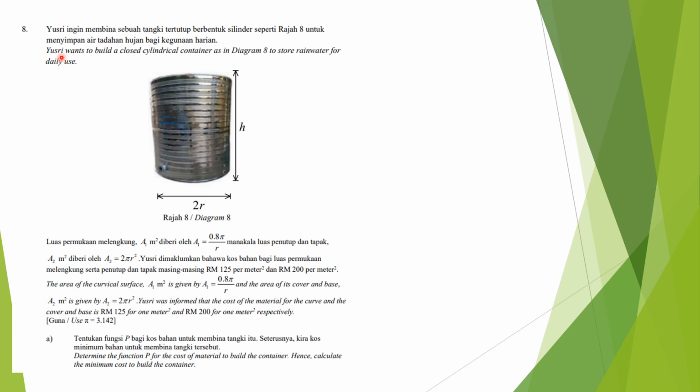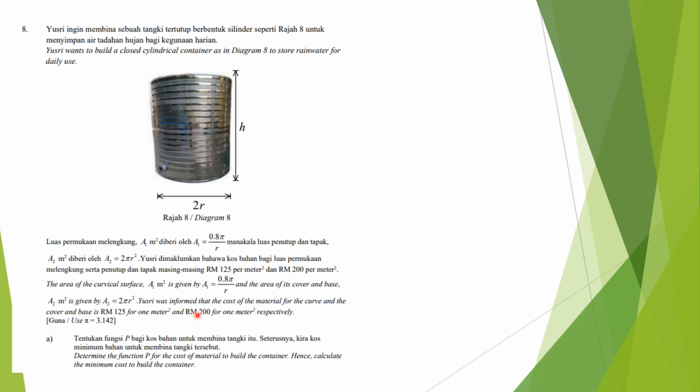So for question 8, Yusri wants to build a closed cylindrical container as in diagram 8 to store rainwater for daily use. Given the area of the curved surface is 0.8 pi over r, and the area of its cover and base, A2, is 2 pi r square. That means the top one and the bottom one are circles.